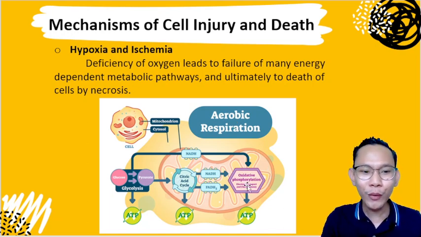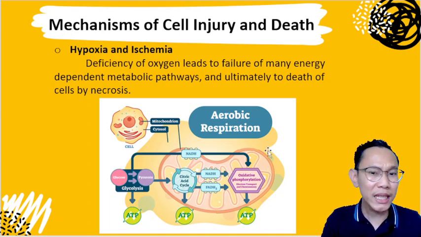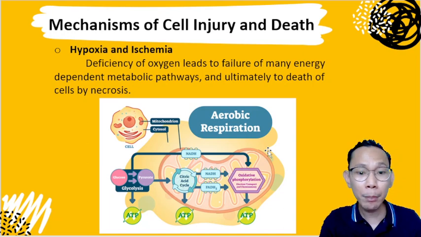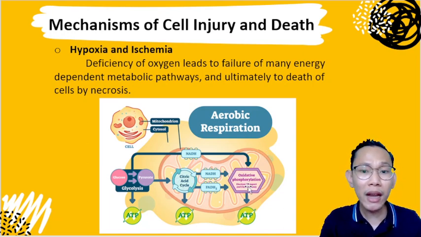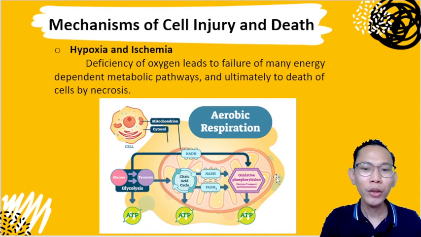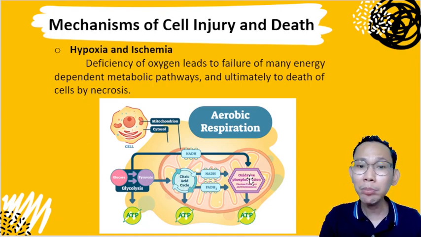So, with the use of oxygen. Remember, ATP is produced from your ADP by oxidative phosphorylation during the reduction of your oxygen in your electron transport system in your mitochondria. Your oxidative phosphorylation with the use of oxygen will produce a lot more of energy that can be used by the cells.